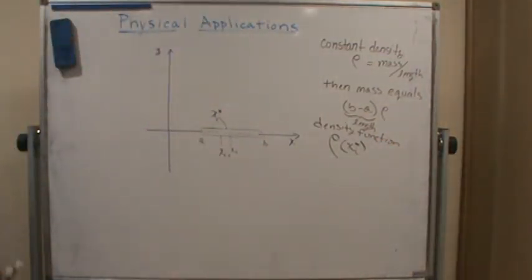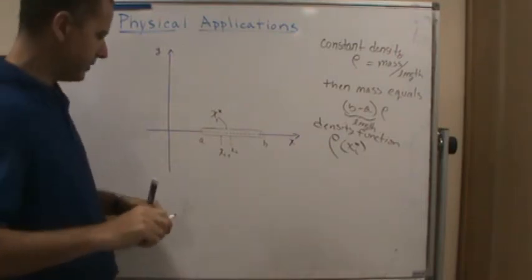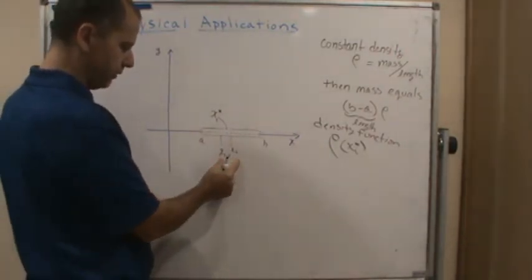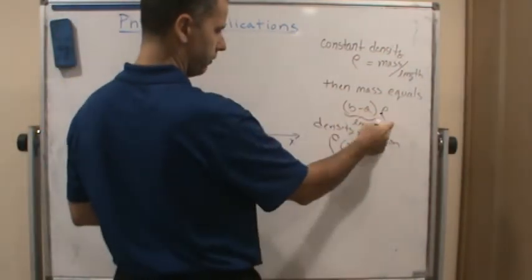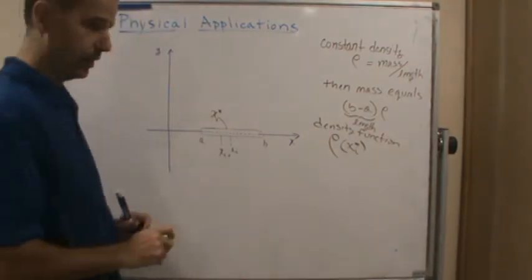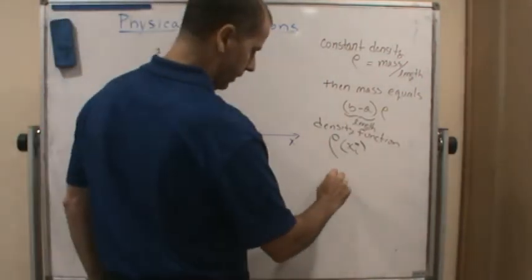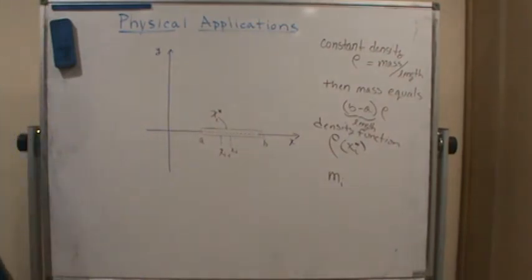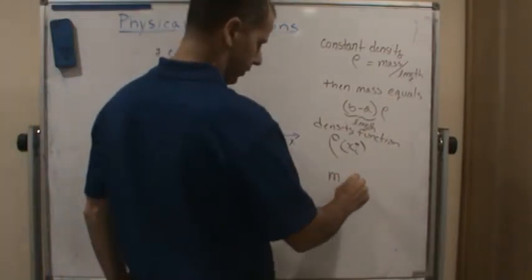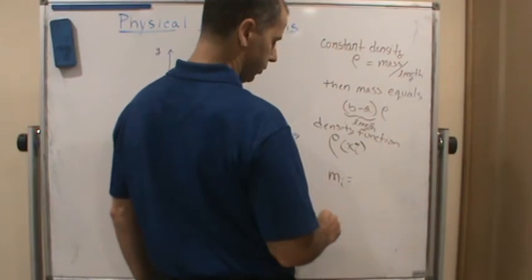Now, what is the mass of this subinterval? Well, we're going to use the same sort of formula here for mass. So we're going to call this m sub i, the mass of the ith subinterval of the rod. And this is equal to what?